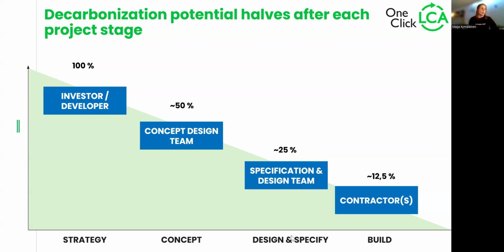And then when we move further and further, at the end, when the building is being built, we only have something like 10% left of our decarbonization potential. At this stage, it's mostly a comparison of different products or different manufacturers, and at that time, it's very difficult to make big changes.